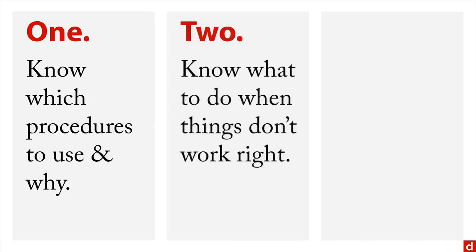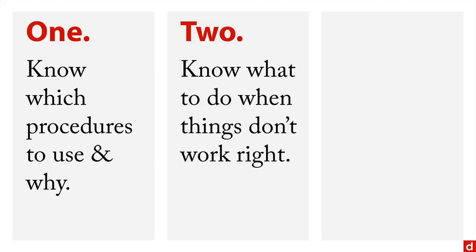Number 2, you need to know what to do when things don't work right. Sometimes you get impossible results. I know in statistics you can get a negative adjusted R squared. That's not supposed to happen. And it's good to know the mathematics that go into calculating that so you can understand how something apparently impossible can work. Or you're trying to do a factor analysis or principal component, you get a rotation that won't converge.